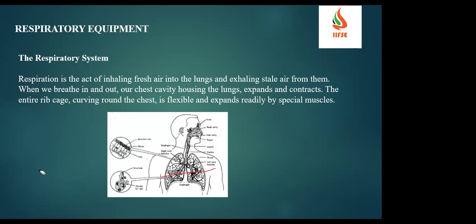Along with the carbon dioxide, some percentage of oxygen is also exhaled. When we breathe in and out, our chest cavity, housing the lungs, expands and contracts. The entire rib cage around the chest is flexible and expands readily by the special muscles. We all know this process.